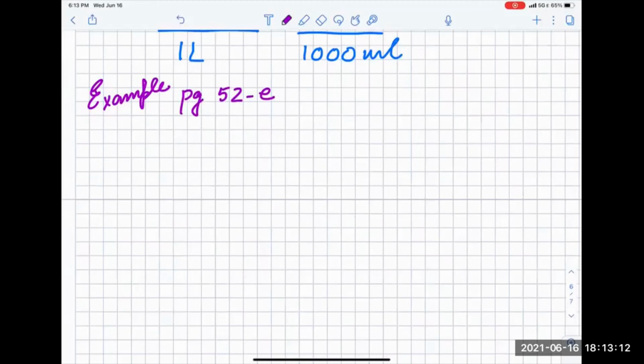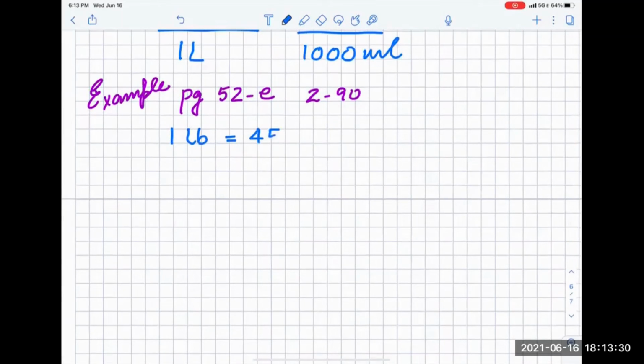And this is problem 2.90. Here, let us say you are given the equality, and we will give you these equalities, or you will refer to the handout. So 1 pound is 453.6 grams. How many grams when each of the following measurements of mass is converted to grams.